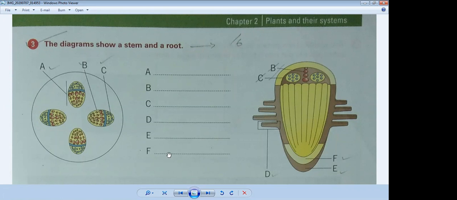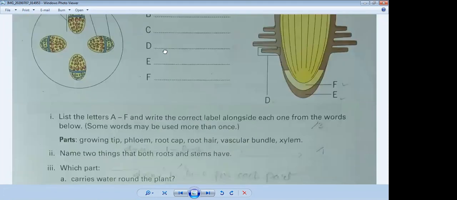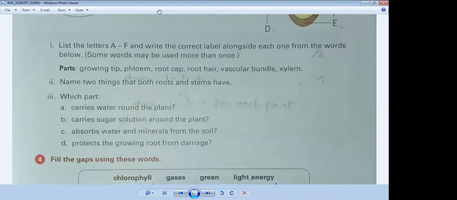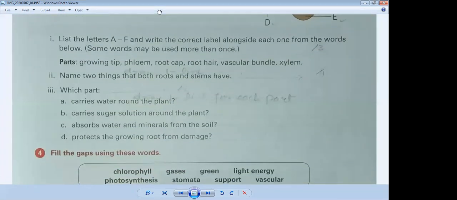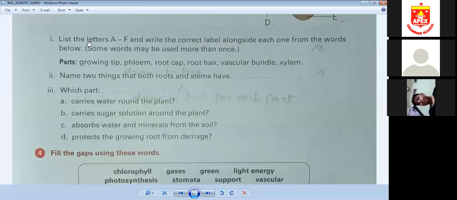Now come to the next question. Question number 1 is given. We have to follow the above diagram. List the letters A to F and write the correct label alongside each one from the below. Some words may be used more than once.